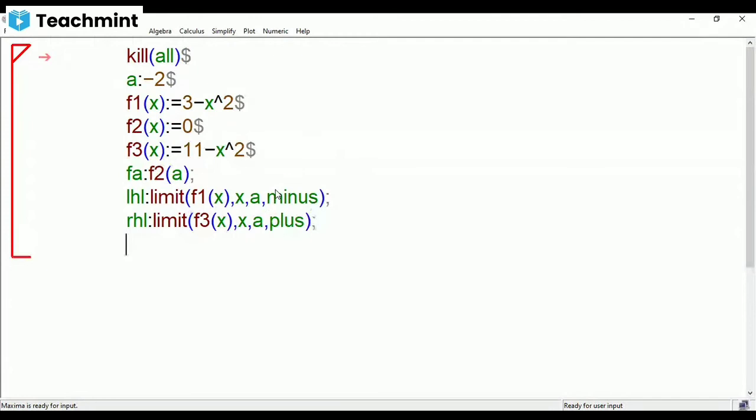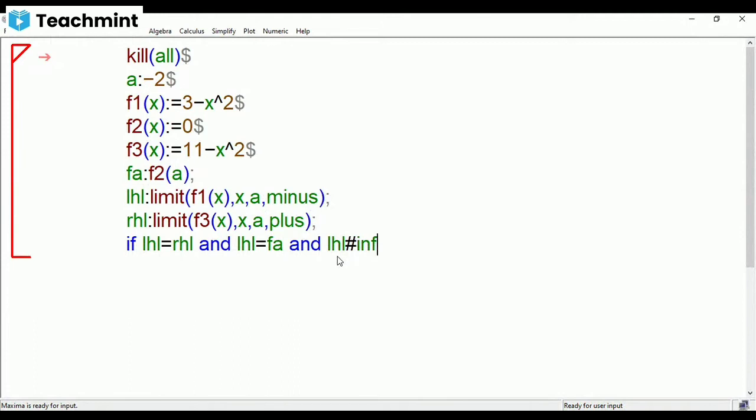Okay. Now you have to verify whether the left hand limit is equal to the right hand limit. If it is equal, then the limit exists. And then you have to check the continuity condition. LHL equal to f of a, this value. If they are equal, further you need to verify whether your LHL is equal to infinity or not.